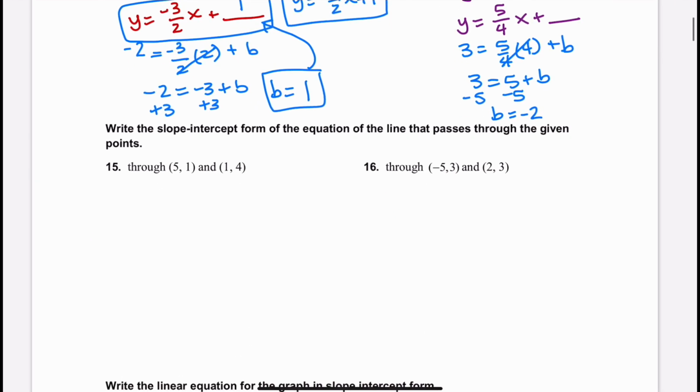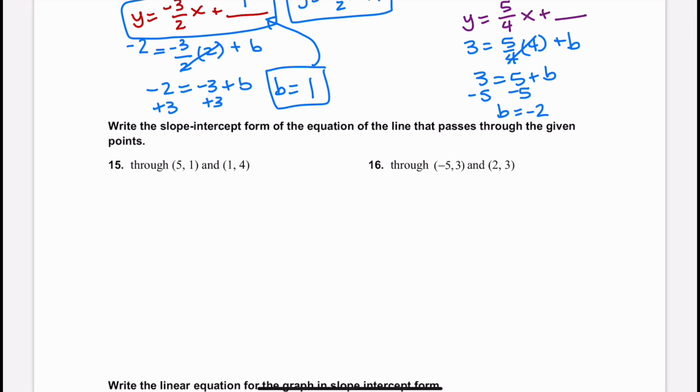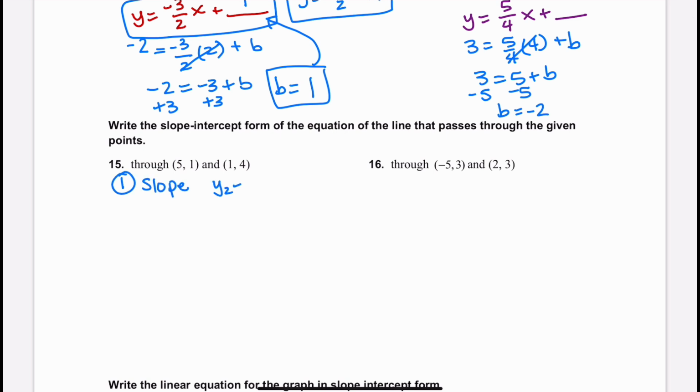Now the hardest ones are when you have 2 points. So we have to combine the last 2 things we've done. First thing we're going to do is find our slope. We're going to use our y2 minus y1 divided by x2 minus x1. x1, y1, x2, y2.